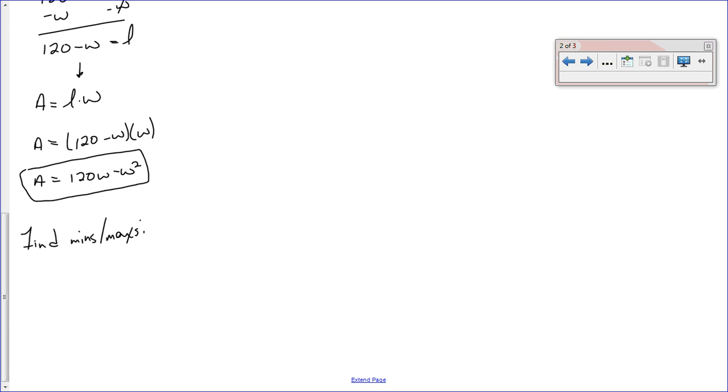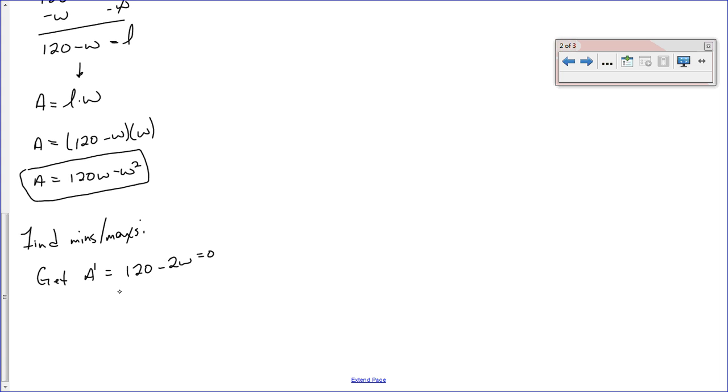So how do we do that? Well, we want to get A prime. A prime is, of course, you take the derivative of A. The derivative of 120W is 120, minus the derivative of W squared, which is 2W. So that is our derivative. Now, to find our maxes and mins, what do we do? We set it equal to 0.